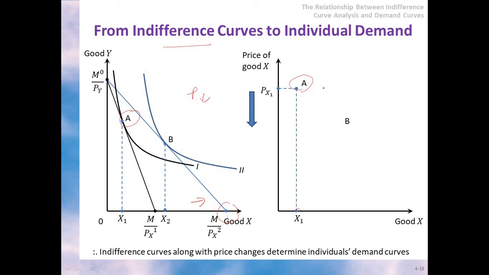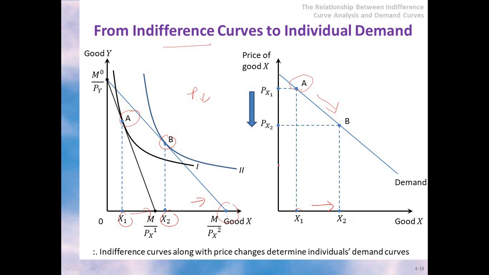Remember the law of demand: if the price decreases, there will be a movement along the demand curve. Here, when the price decreases, the quantity demanded for good X will increase from X1 to X2, compared to the initial point.